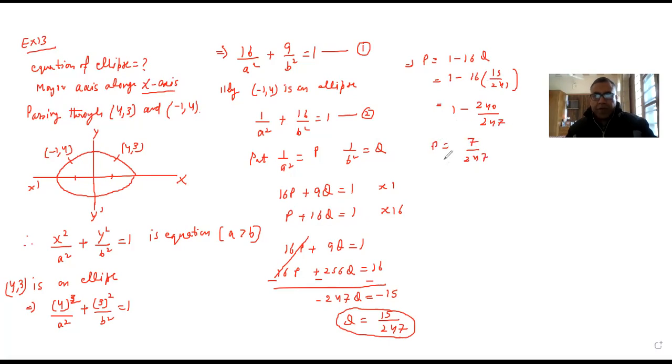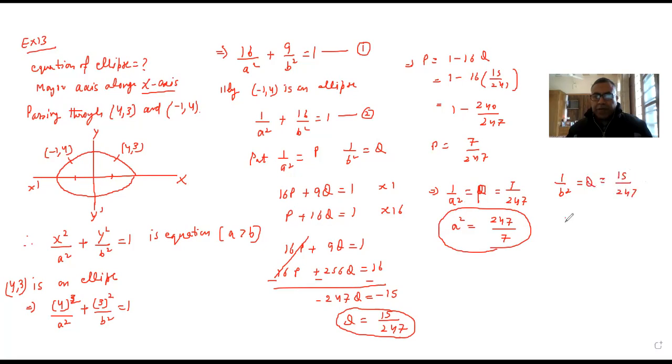This is p, so 1 over a square is equal to p, which is 7 over 247. A square is equal to 247 over 7. 1 over b square is equal to q, which is 15 upon 247.